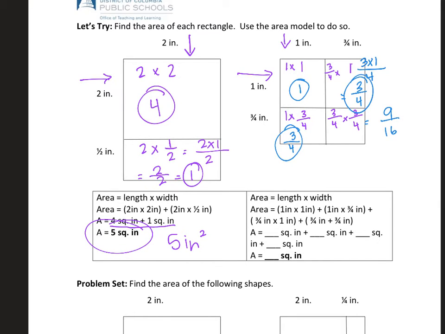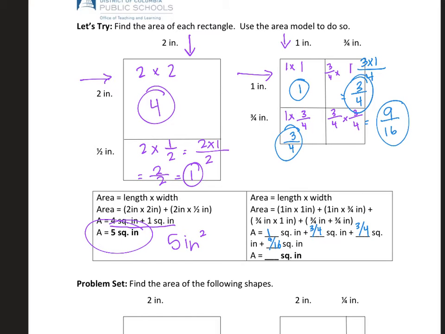Okay? So they added these up all together. So we have 1 plus 3/4 plus 3/4 plus 9/16.